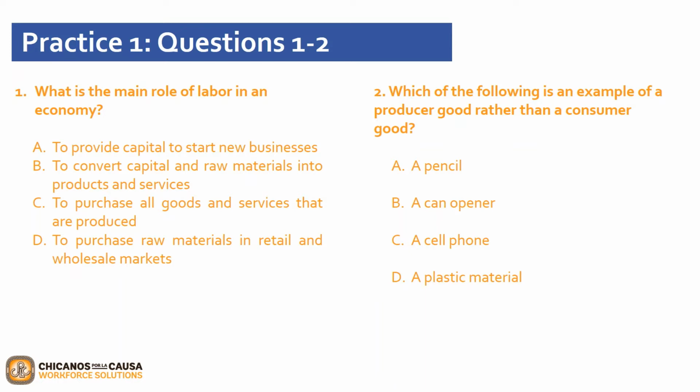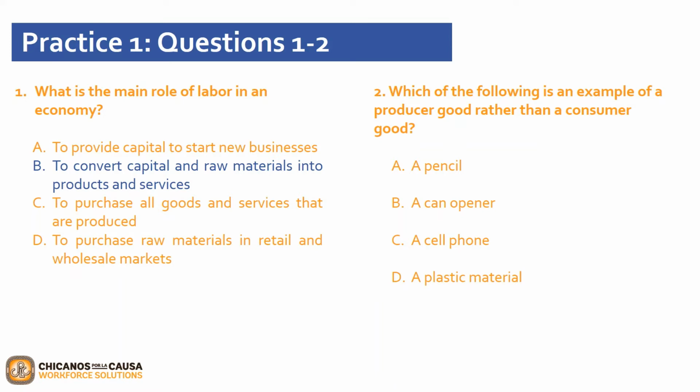In the same fashion, options C and D are also incorrect, as we know that they do not buy the materials, goods, or services, as they use the materials to make a product, and the products they create are used as goods or to provide services. Thus, the only correct answer can be to convert capital and raw materials into products and services.